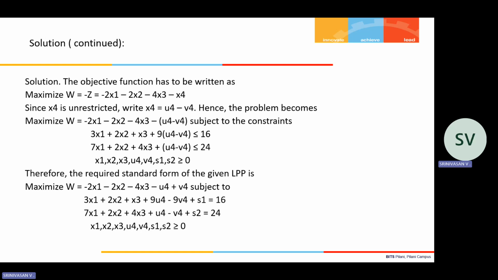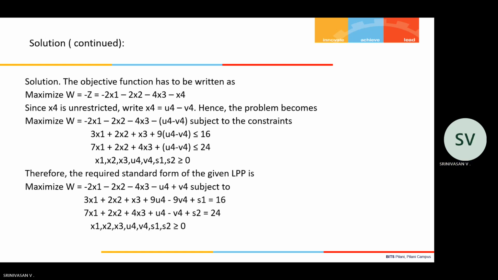When Z is 2x1 plus 2x2 plus 4x3 plus x4, minus Z will be obtained by multiplying throughout by minus. That is simple. Now, all other things, of course: the right hand side constants are non-negative, and your decision variables x1, x2, x3 are also non-negative. But for x4, there is one term given: unrestricted. There is no restriction.